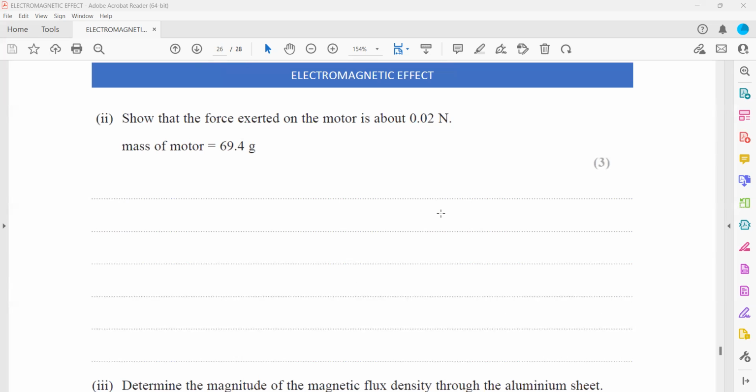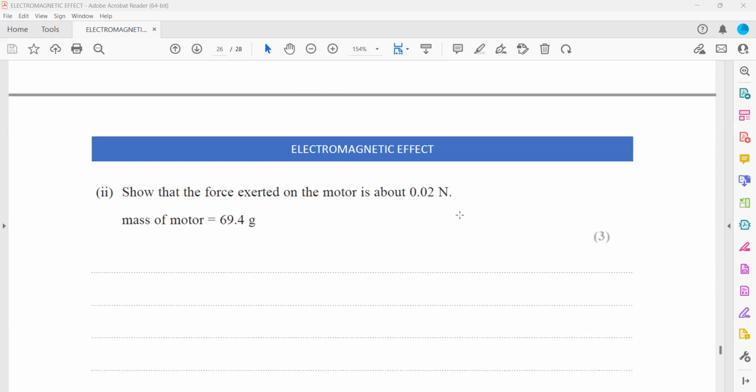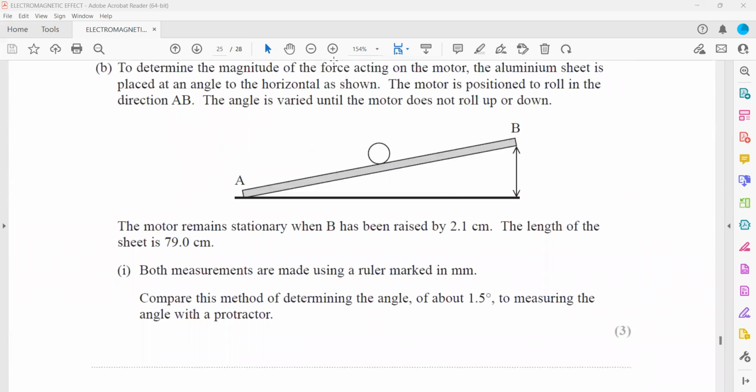Then show that the force exerted on the motor is about 0.02 Newton. The mass of the motor is given in gram. If this motor is stationary, it means there is no resultant force acting on this motor.